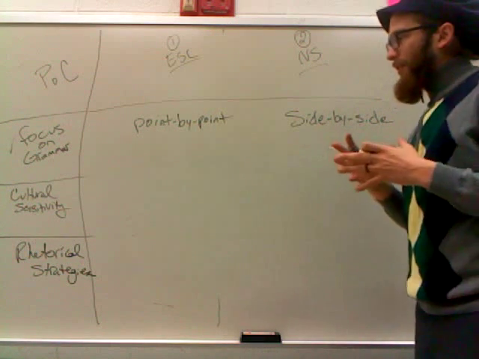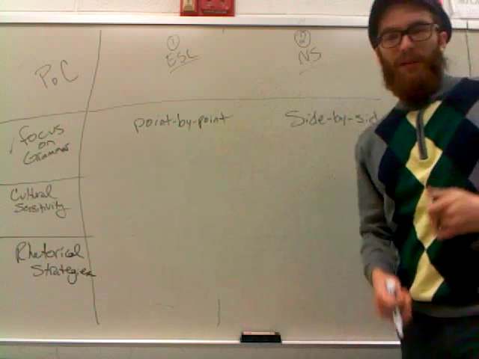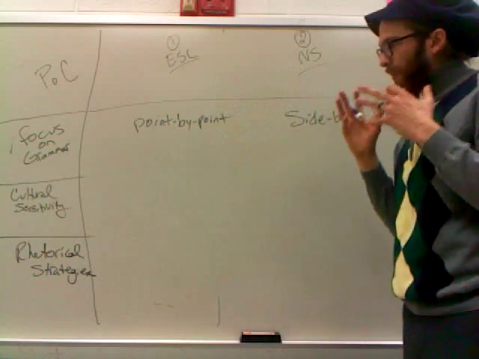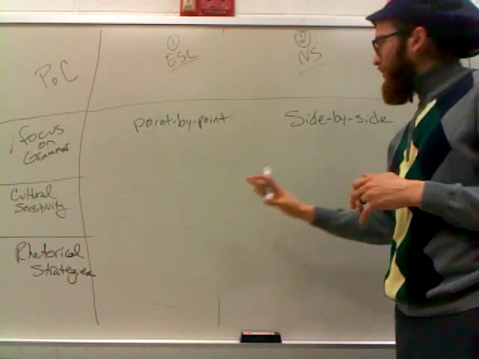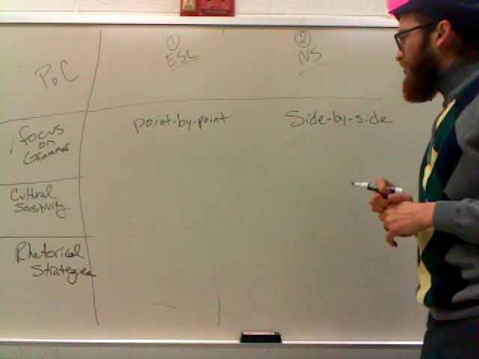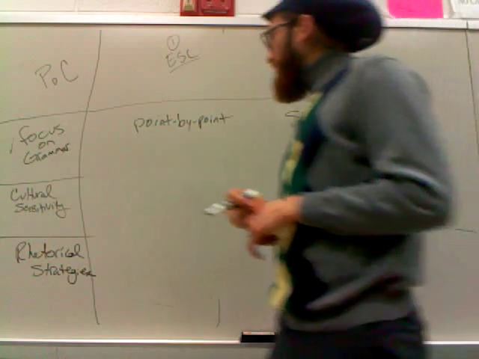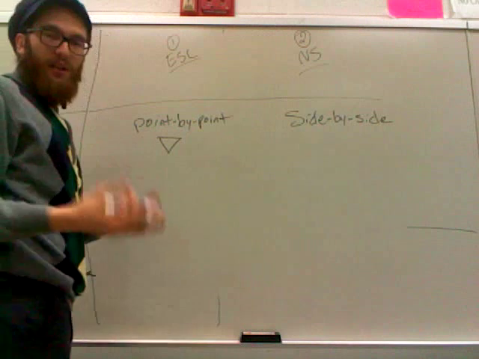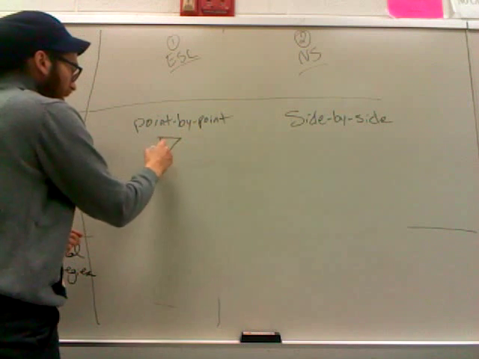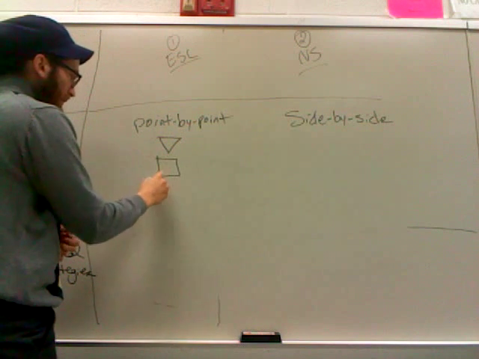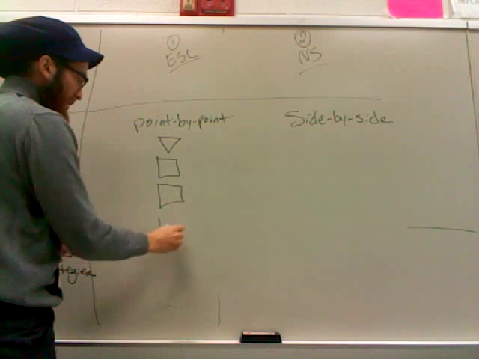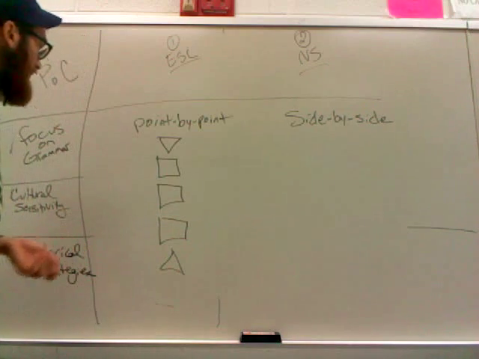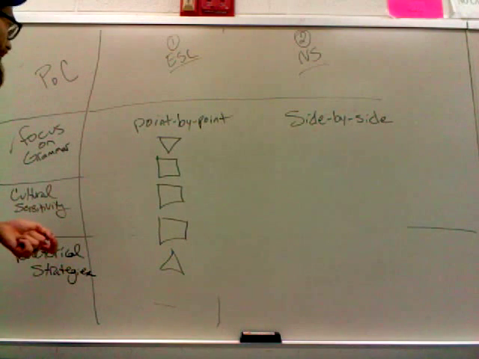Regardless of which points of comparison you pick, and regardless of which items you pick, you can insert the information into either one of these organizational strategies. All right, point by point is probably what is more common. So you will have an introduction paragraph, and you will be moving forward into 3 body paragraphs and a conclusion. 5 paragraphs will satisfy the requirement.